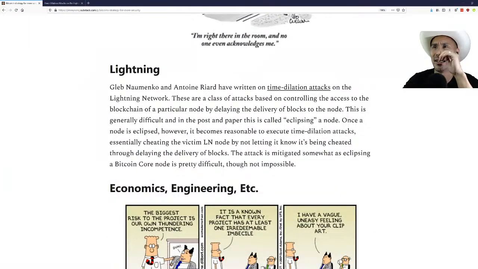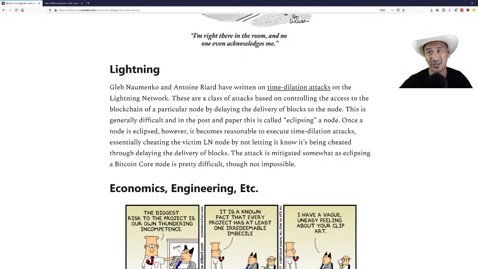But essentially, what you do is you isolate it, and then you deliver blocks kind of late, and that way you can cheat the node that you have a channel open with by delivering blocks late and not giving them enough time to punish you for cheating them.